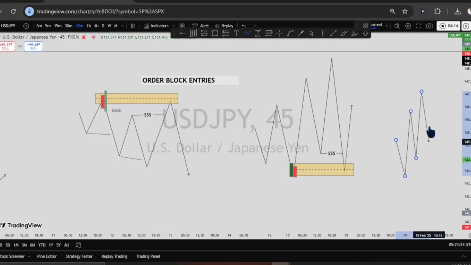Now the market will come to sweep the liquidity resting below or above this area, then tap into the area of value, that is the order block, and now buy. So this is the type of entry that I always look for when I establish my bias from the 4 hour or even the daily.